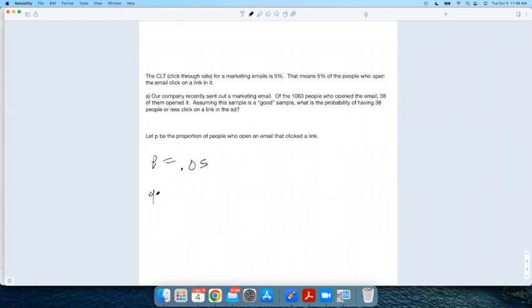That means the population failure rate is 95%. Here's my sample, like literally, this is my sample. We have an X, an N, and a P hat. 38 successes in the sample. 38 people clicked on a link.